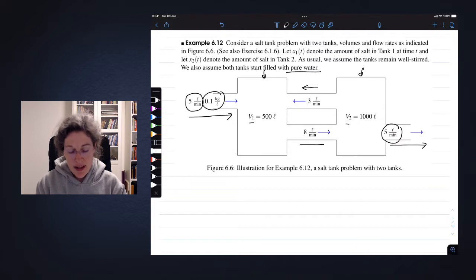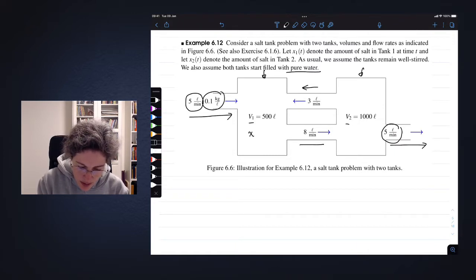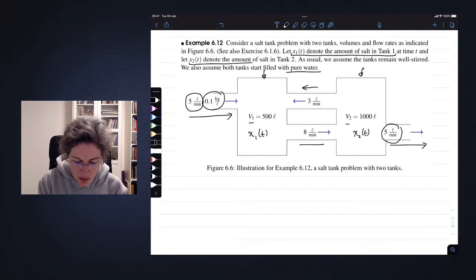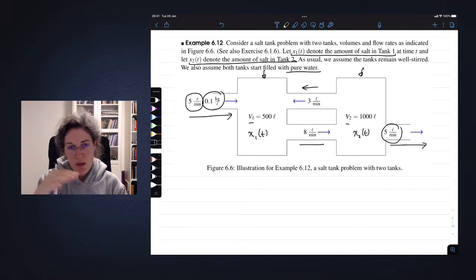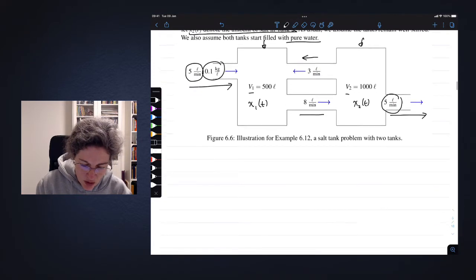And what we want is to model the amount of salt. So x1 of t is going to denote the amount of salt in tank 1 at time t, and x2 of t is going to be the amount of salt in tank 2. Because we start with pure water but then pump in salty water, you would imagine that the salt amount is going to increase. So let's put together some equations that can model this.